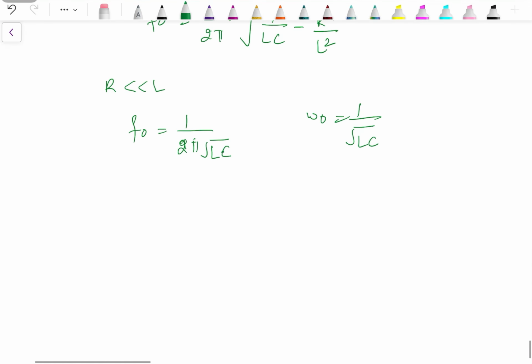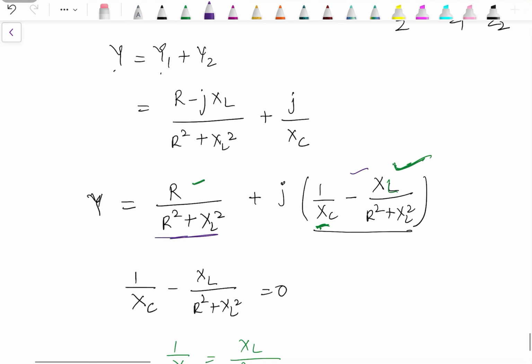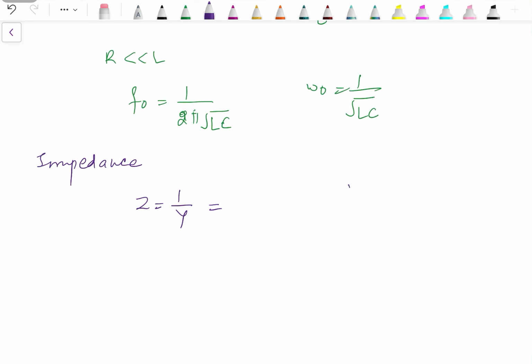Now let's find out the value of impedance at resonance in case of a parallel circuit. Impedance is equal to 1 upon Y. Since this part is 0, Y is equal to R upon R square plus XL square.